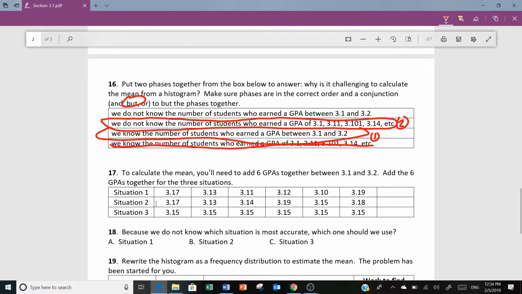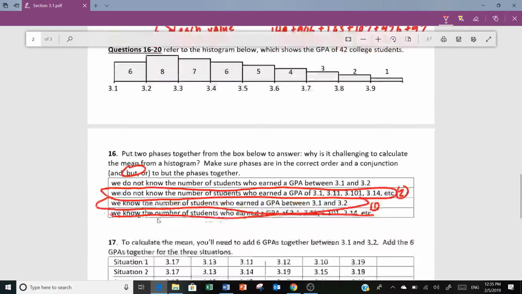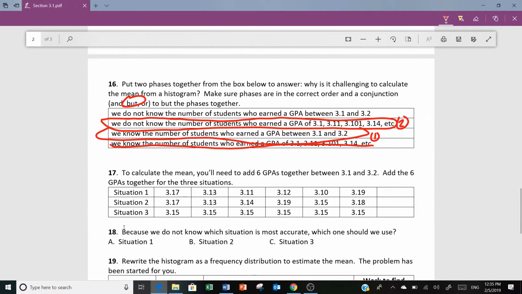Yes. What about situation 2? Yes. All 3 of these situations are possible for the 6 people that are between 3.1 and 3.2. So if we were going to find the mean, we'd have to add them all together. Let's go ahead and add them all together for each of the situations and see what numbers we get.